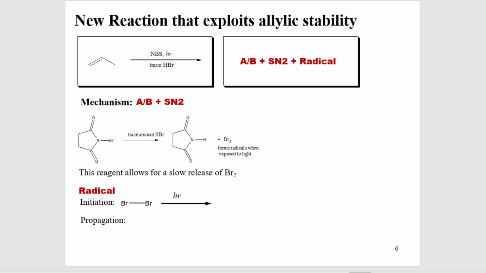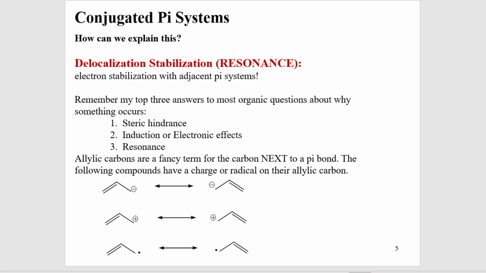The only new thing to this section is one unique reaction. And this is exploiting the fact that we can very selectively hone in on the allylic position. Okay, so what I just showed you here, I want you to focus on this reaction right down here.